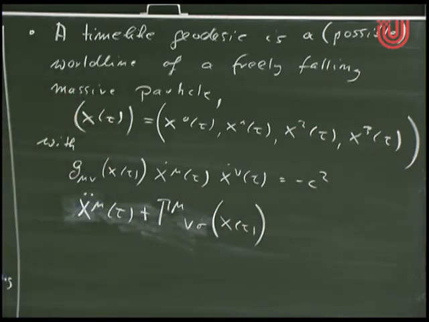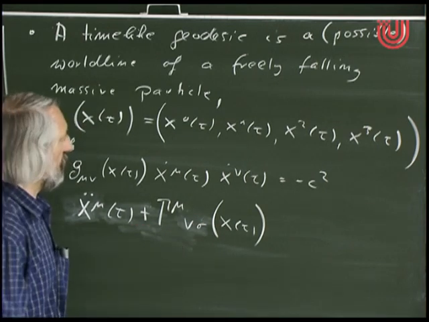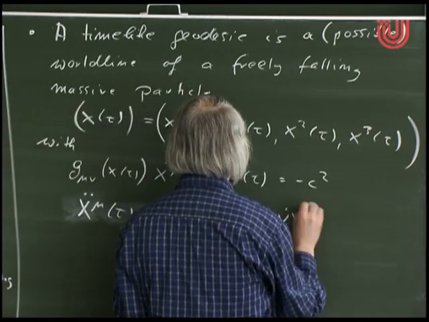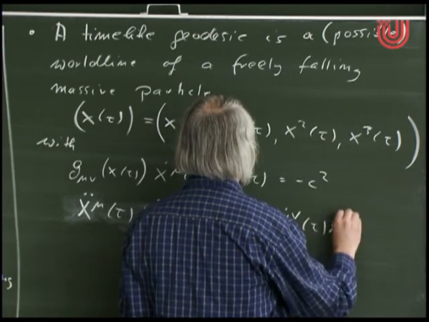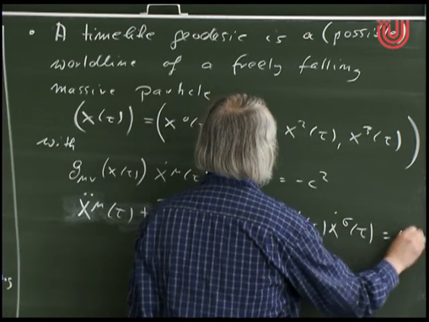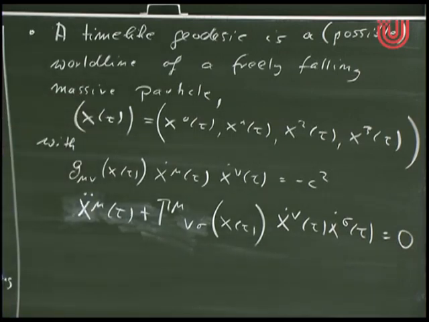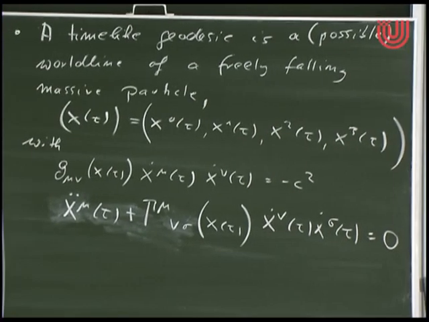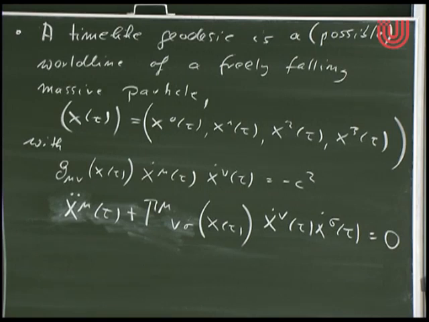They are functions on the spacetime. So I follow the path of the curve, and at each point x of tau I evaluate the gammas. And then I have x nu dot of tau, x sigma dot of tau equals 0. So these are the equations which fix time-like geodesics, freely falling particles. That's the analog of particles satisfying the Newtonian equation of motion in the gravitational field. So that's the analog in general relativity.